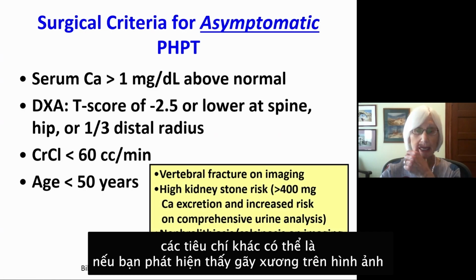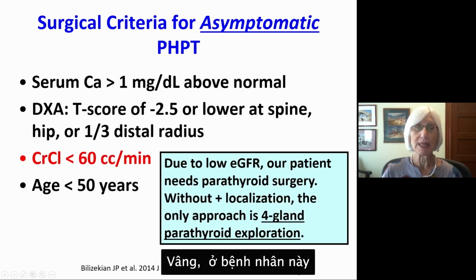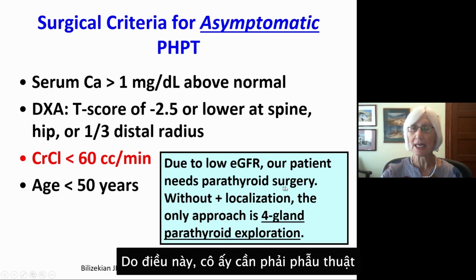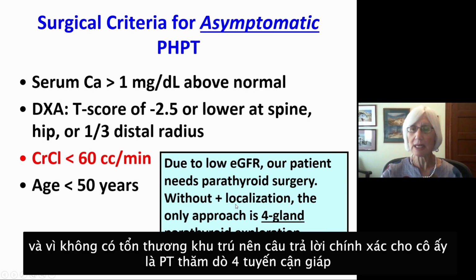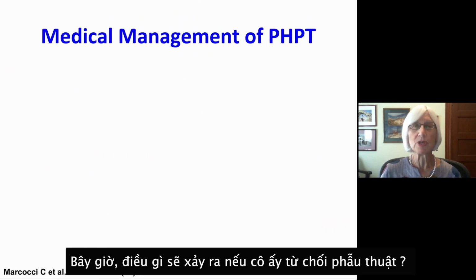Other criteria can be if you find that fracture on imaging, or she has high stone risk, or stones on imaging. So in this patient, it was the creatinine clearance being low, the low GFR, that gives you the criterion for surgery. Due to this, she needs surgery, and since nothing localized, the correct answer for her is a 4-gland parathyroid exploration. Now, what if she refuses surgery?